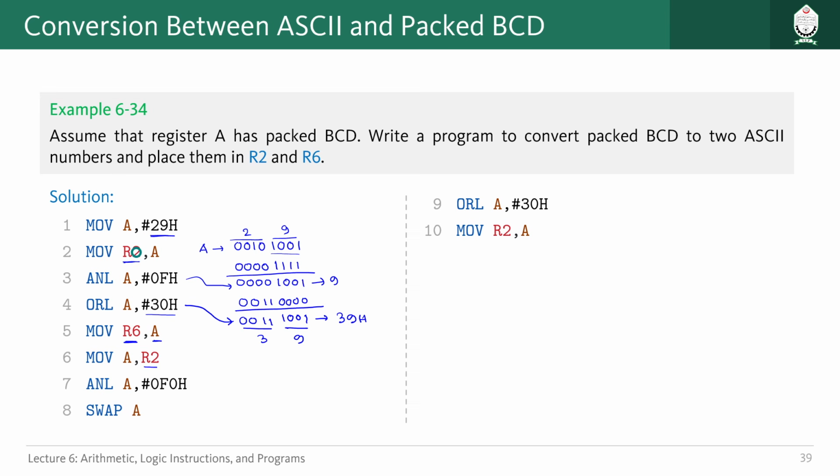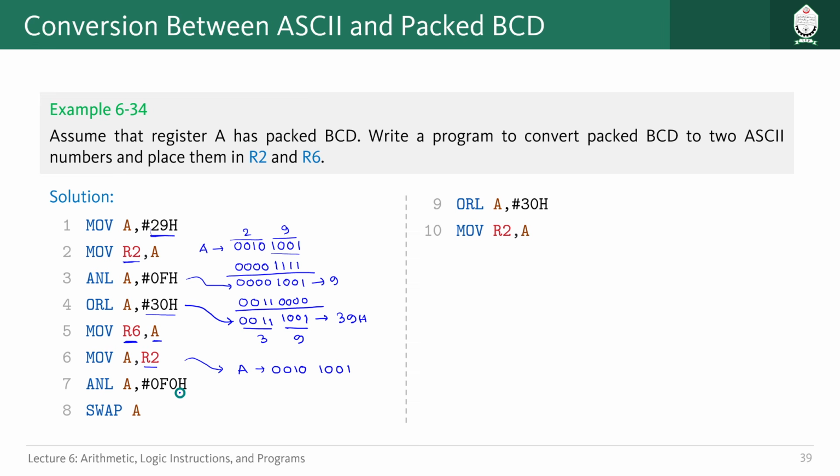Now we are going to convert these two into its ASCII format. That's why we are taking the value from R2 to A. Again here you see in A we have this value basically. So 0 0 1 0 1 0 0 1, this is the value currently we have in A. Then we are going to do ANL with 0F0H.